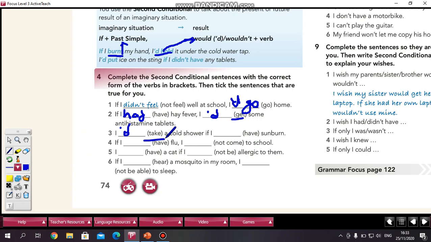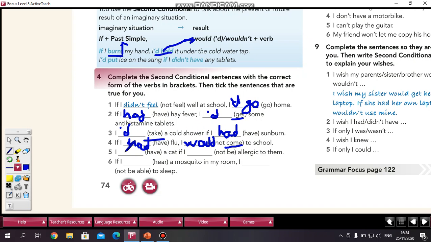I'd, or I would, take a cold shower if I had, past tense of the verb have, sunburn. If I, again past simple, always in if, had flu, I wouldn't, or I would not, whatever you like, come to school.